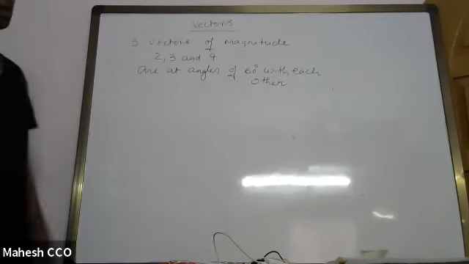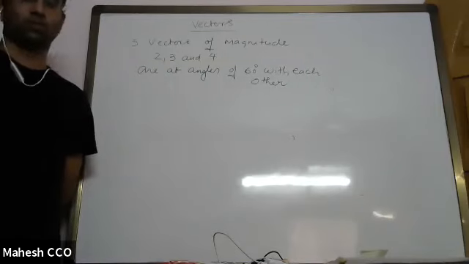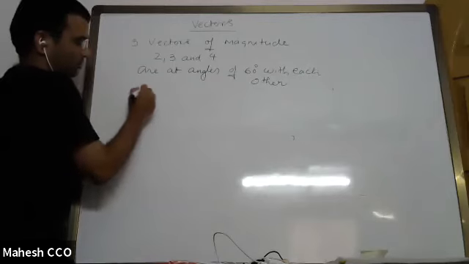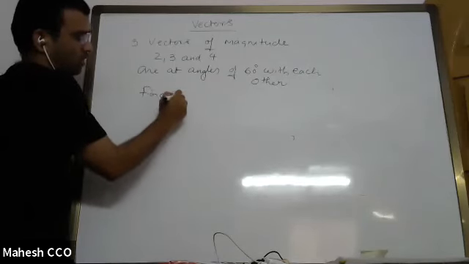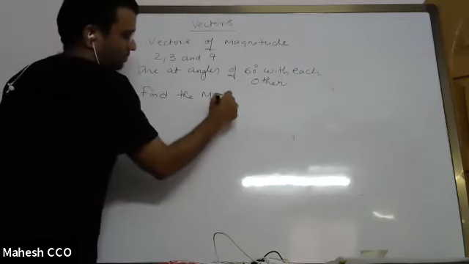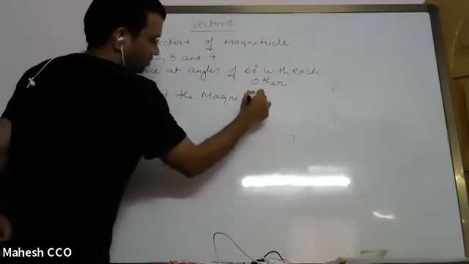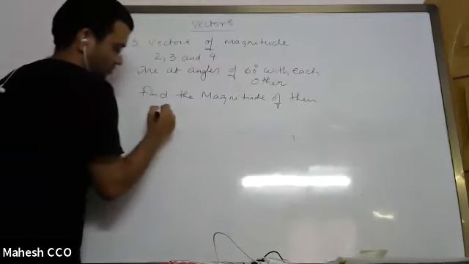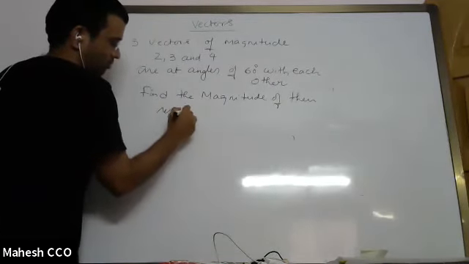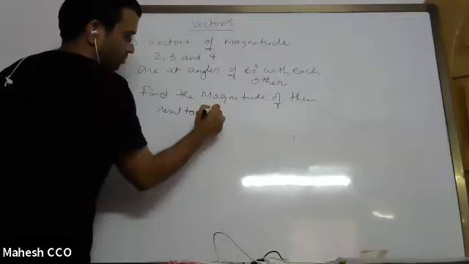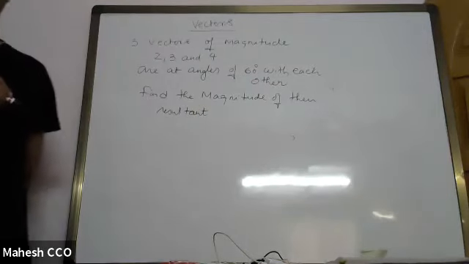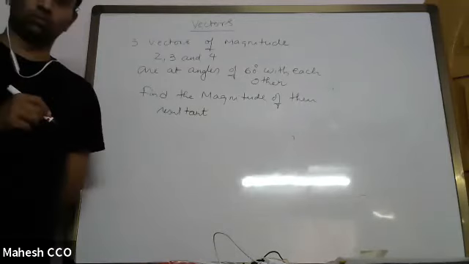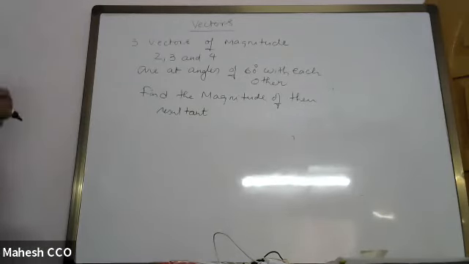If their magnitudes are 2, 3, and 4, my question to you is, find the magnitude of their resultant. That is the question. Think for a while, if you can.